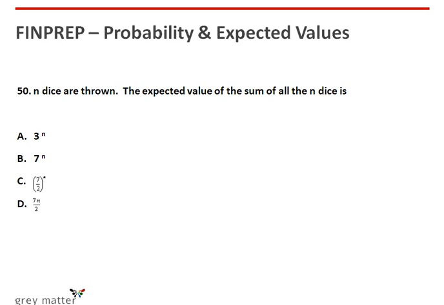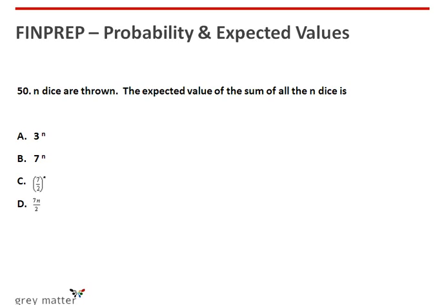Here when we throw two dice and we would like to get the expected value of the sum of all the two dice, then it works out to be 7 by 2 into 2. Now if n dice are thrown, then it works out to 7 by 2 into n.